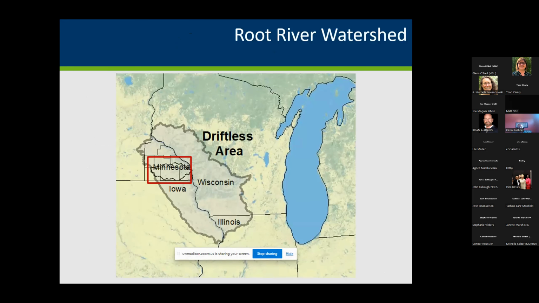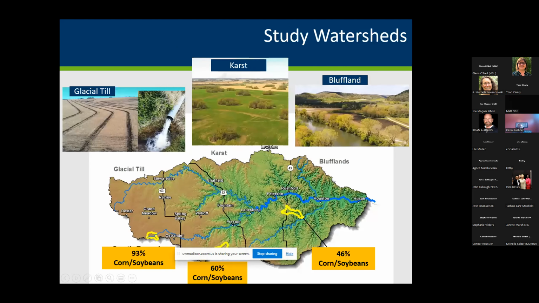This is the study area I'm focusing on, in the southeast part of the state. It's located in the far southeast corner, in the Root River watershed, in what's called the driftless area of the upper Midwest. The Root drains to the Mississippi, and it's a very complex watershed with unique farming systems, landscapes, and geology.